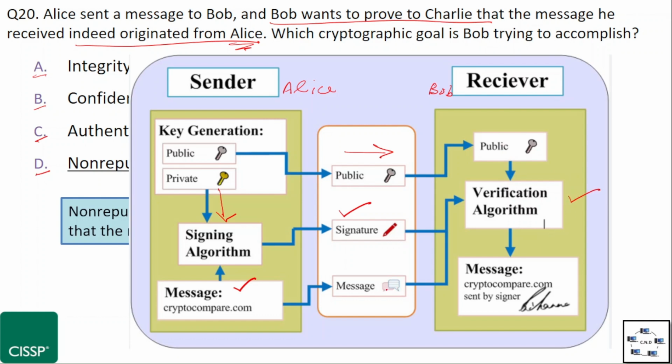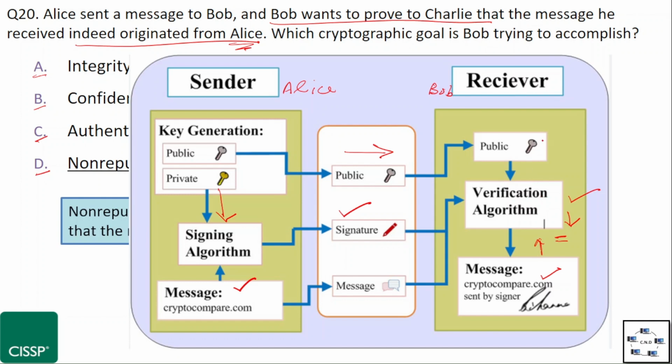Since Bob also received the message in clear text, he will compare this message with the one he decrypted using Alice's public key. If they are the same, it proves two things. First, that the message is intact and not changed, and second, that this message was indeed sent by Alice.